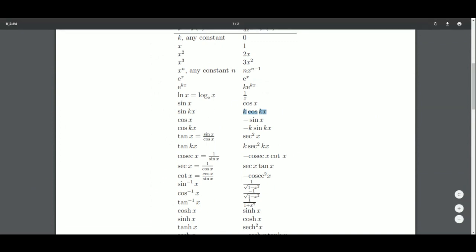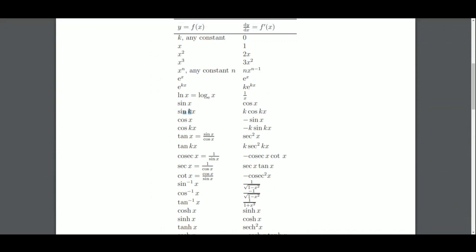Anything multiplied by that t is k. In our example, we have 40 sine 200 pi t. Our differential will be 40 times 200 pi times cos of 200 pi t.